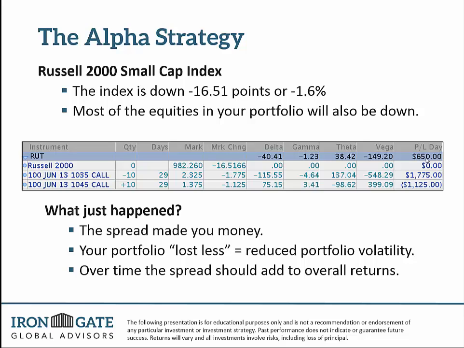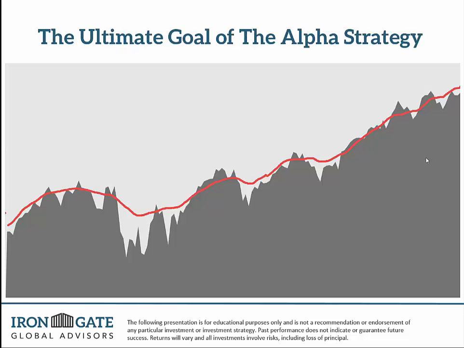So when we look back at this chart that I drew, you're going to have moments where you're underperforming the market. The market's the shaded gray. Your red line is your portfolio. There's going to be moments when you're underperforming the market because you're utilizing this strategy. There will be times where you're losing less than the market, and that's one of the main goals: reduce portfolio volatility.